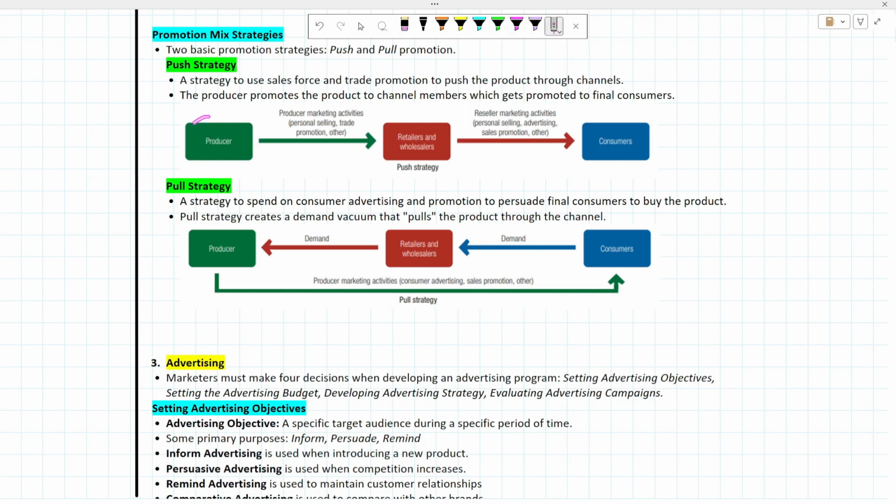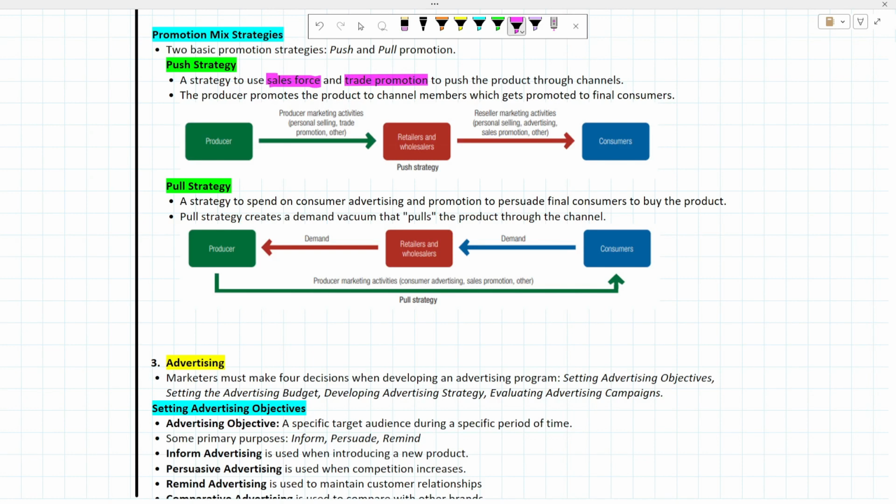You can see here the producer uses marketing activities such as personal selling and trade promotion, and then the retailer and wholesaler push it onto the consumers. I'm going to highlight this part: use of sales force and trade promotion. This is important because our pull strategy, which I'll explain, uses different strategies.